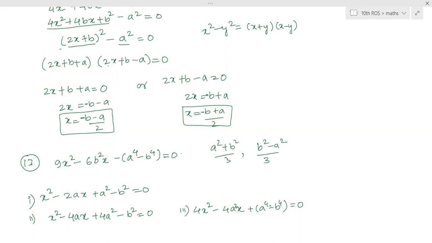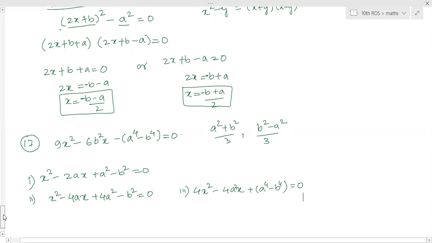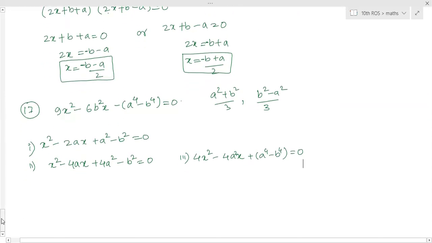Yes, first part, first value, right. A plus b and a minus b. Yes, ma'am. Ma'am, a square plus b square by 2 and a square minus b square by 2. That's right.